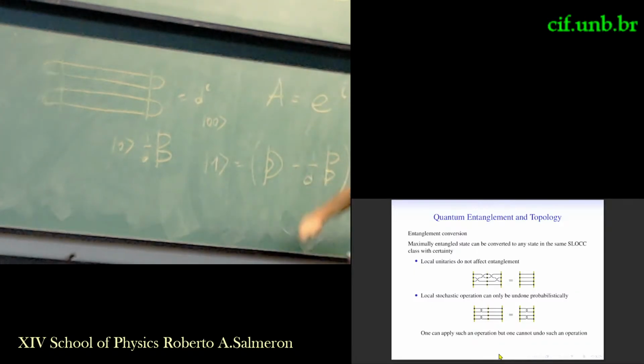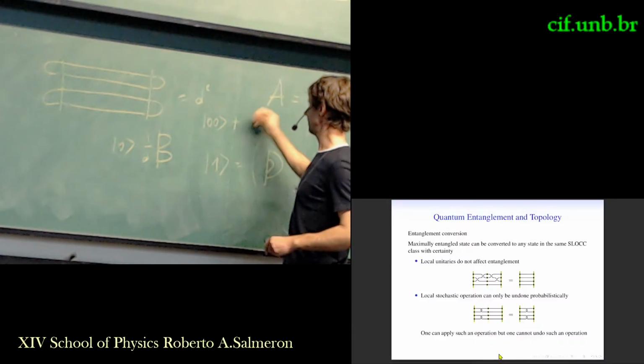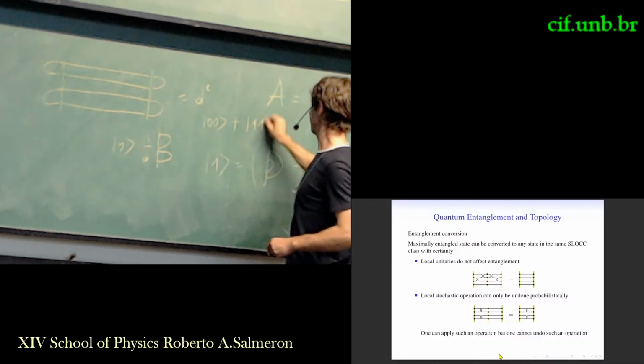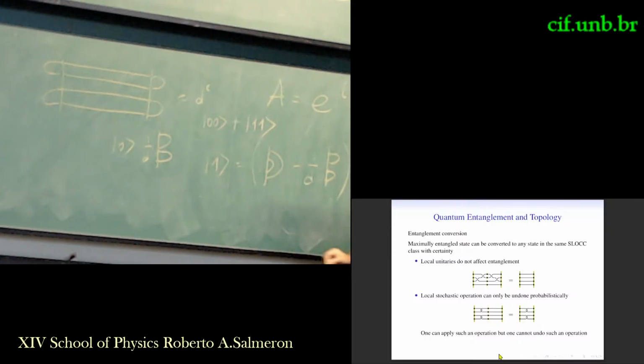So if you compute all 4 cases, you'll see that this is 0, 0 plus 1, 1. So this is indeed equivalent to an identity operator.